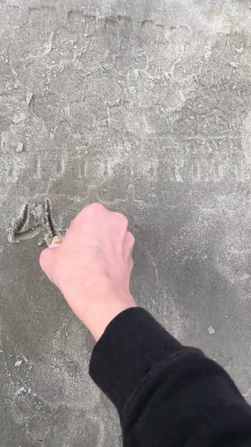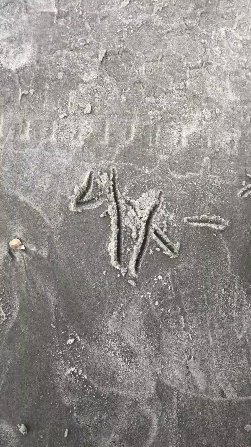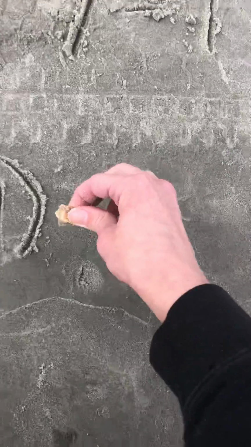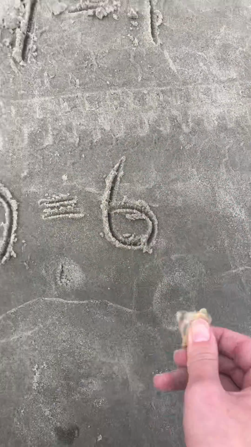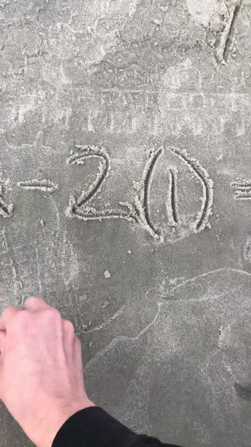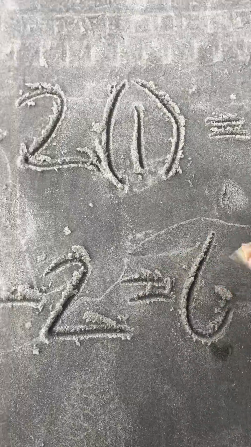We have 4x minus 2 times 1. I think it was a minus sign, thank goodness, yes. Equals 6. From there I'll multiply here in the middle, so I'll have 4x minus 2 equals 6.